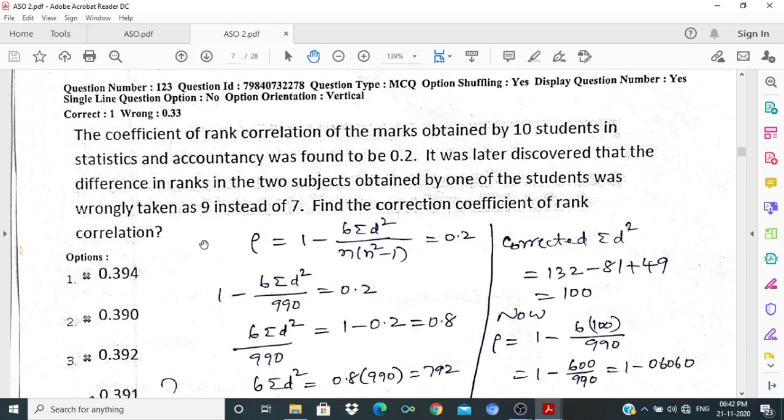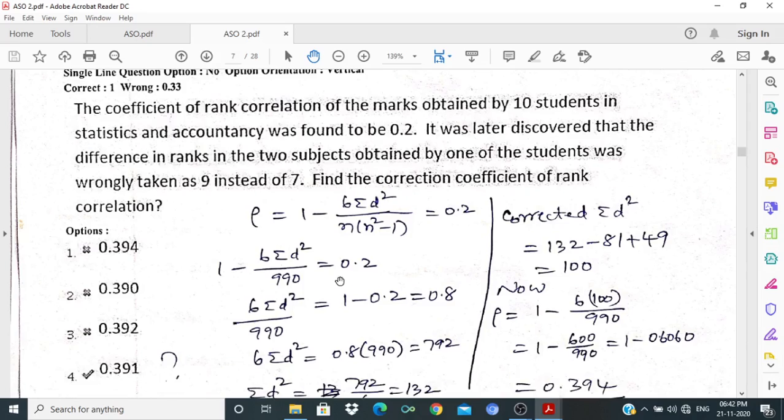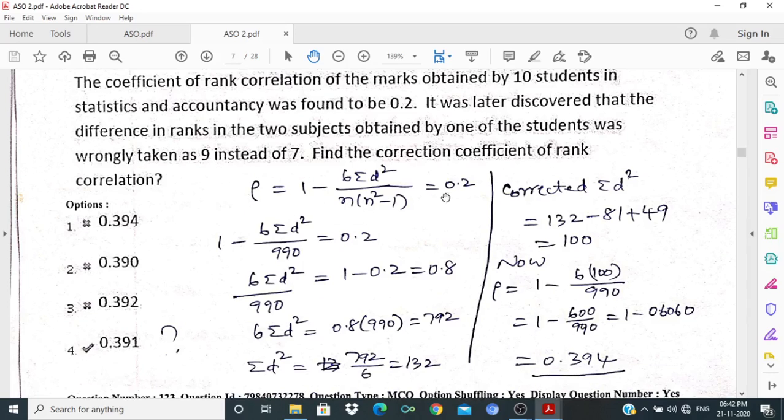The coefficient of rank correlation of the marks obtained by 10 students in statistics and accountancy was found to be 0.2. It was later discovered that the difference of ranks of the two subjects obtained was 9 instead of 7. Find the correct coefficient of rank correlation. We have been given this.